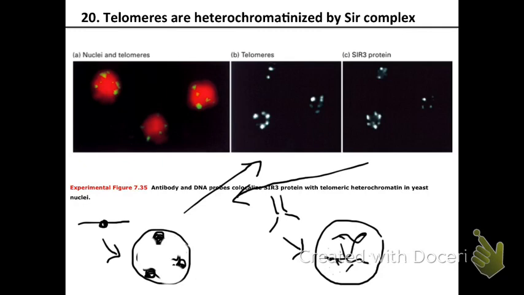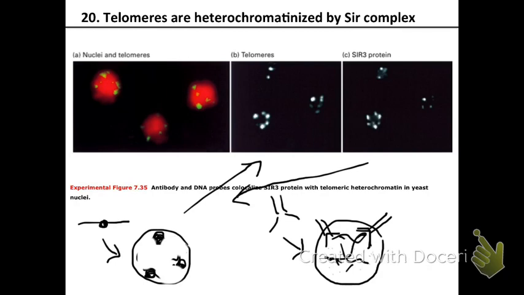And some of these are SIRT3. And this antibody, when it goes inside the cells, it's going to go and bind to SIRT3. So wherever SIRT3 is, this antibody is going to bind. This is the primary antibody. That is the antibody that's going to go and bind and recognize the target.